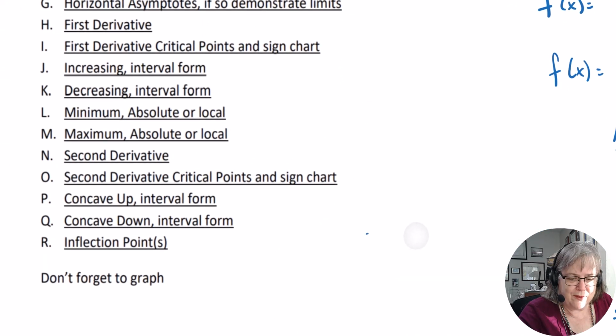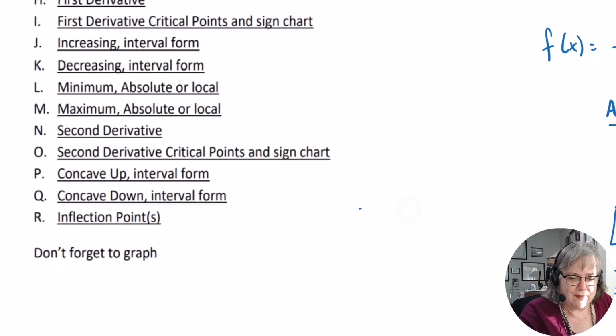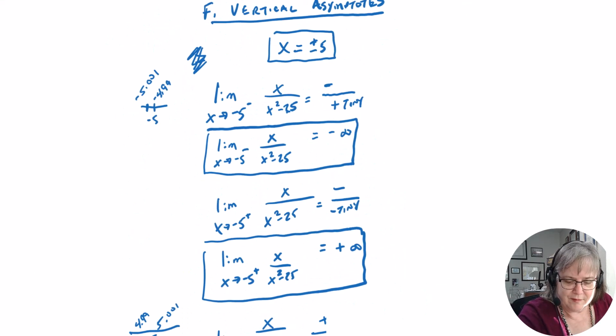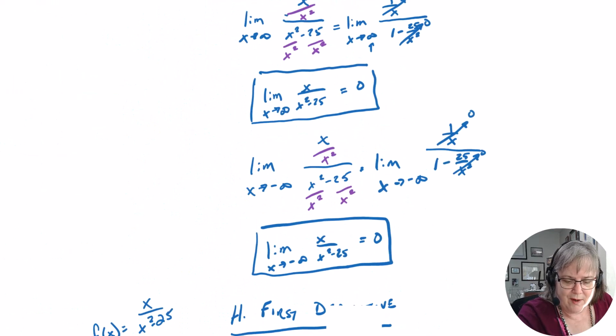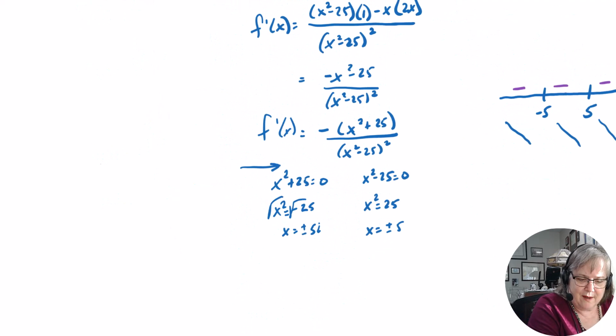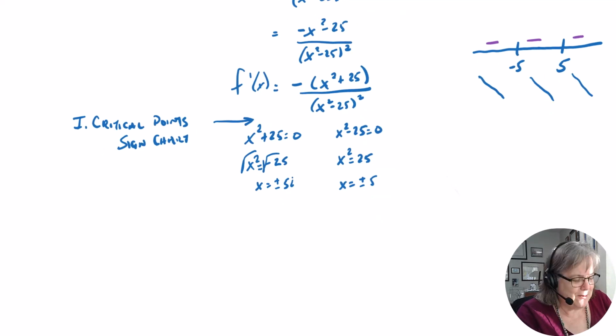Okay, so H was taking the first derivative and I was the critical points. So this is I, the critical points or values or sign chart. I just got so excited talking to you about all this stuff.